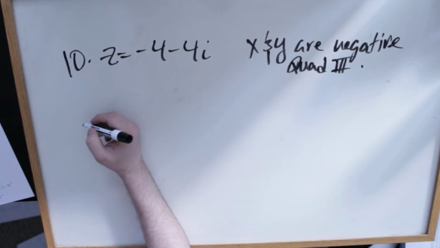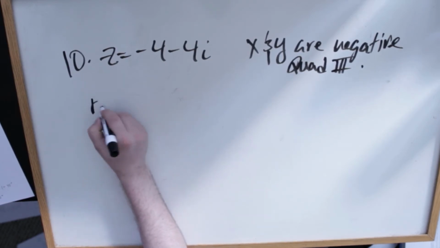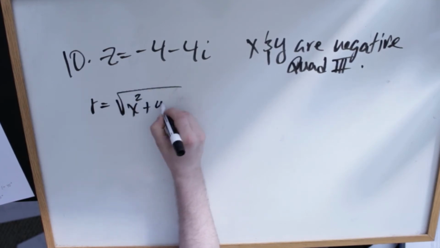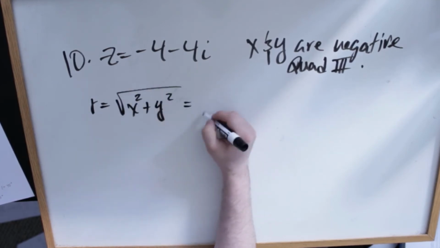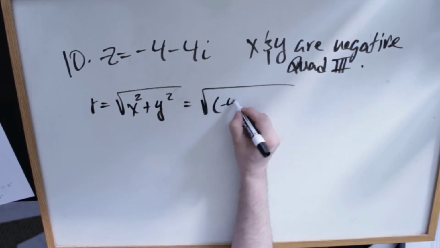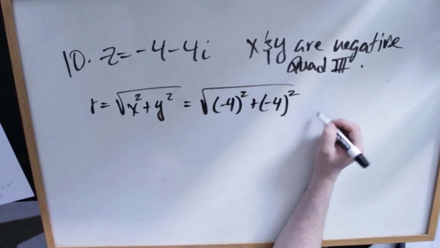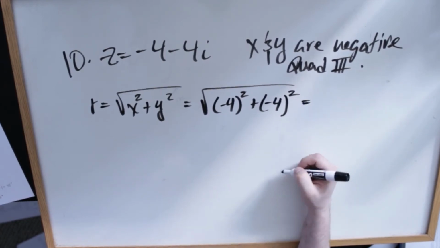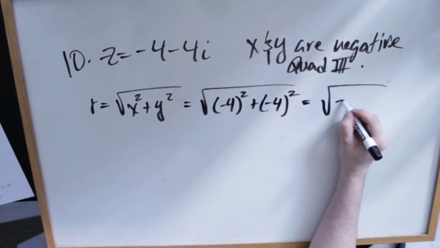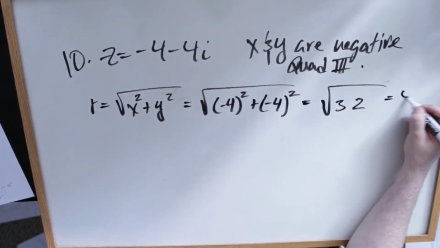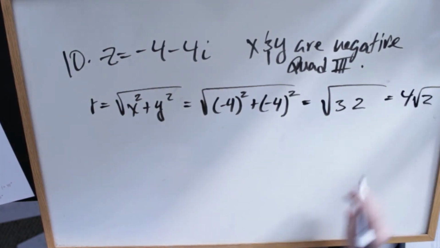So we need to first find what r is equal to. So r is going to equal the square root of x squared plus y squared, which is equal to the square root of minus 4 squared plus minus 4 squared. So that's equal to the square root of 32, and that's going to equal 4 root 2.